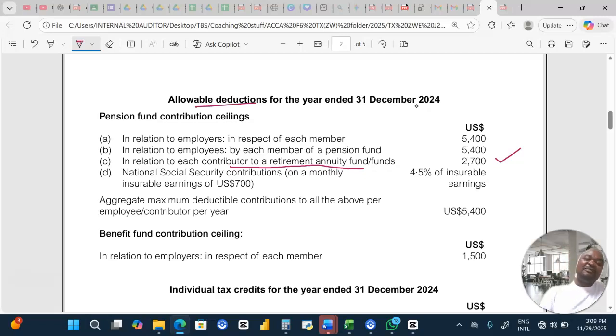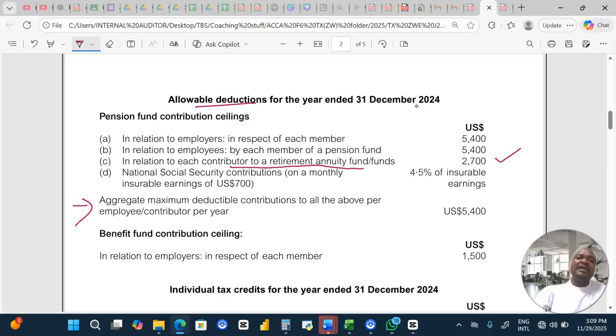And guys, simply read this portion: aggregate maximum deductible contribution to all the above per employee or contributor per year, 5,400. This is only applicable when you have taken care of everything and this figure has been exceeded. Then that's when you simply pick up the figure.